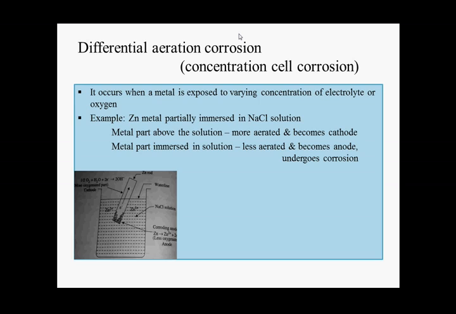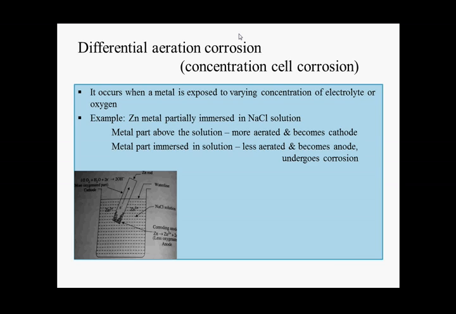The second type is differential aeration corrosion. When a metal is exposed to different concentrations of electrolyte or oxygen, differential aeration corrosion occurs. That is, when a metal has different concentrations of oxygen, corrosion takes place in one part of the metal.